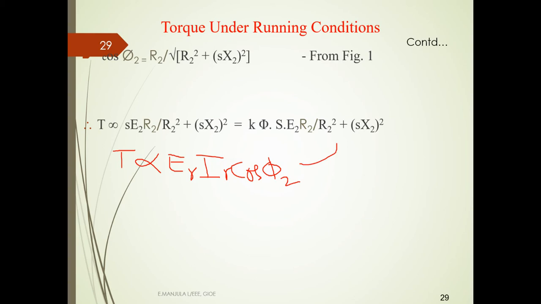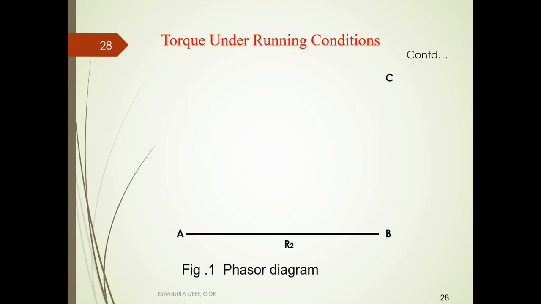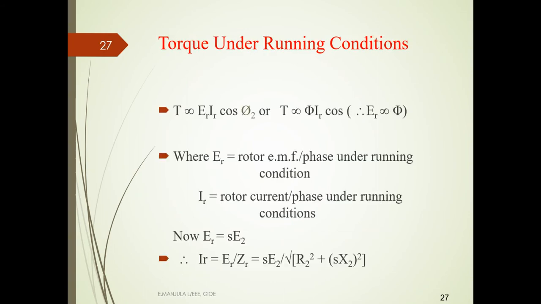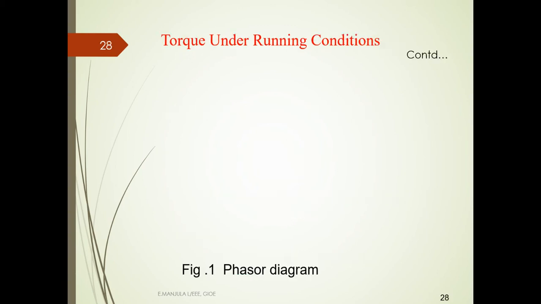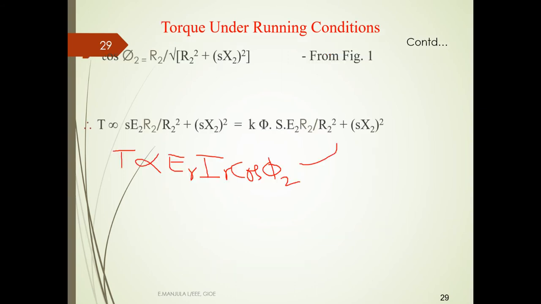ER is equal to S into E2, IR is equal to ER divided by Z, which is S into E2 divided by the square root of so and so. So substitute that value, and then cos phi 2 is R2 divided by this. So what happens when you substitute that?